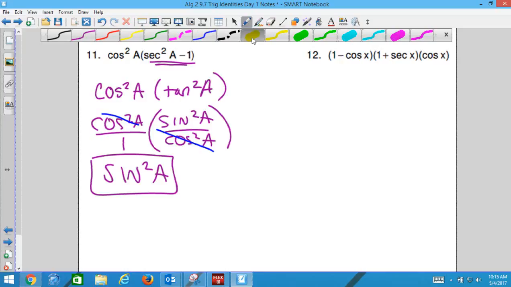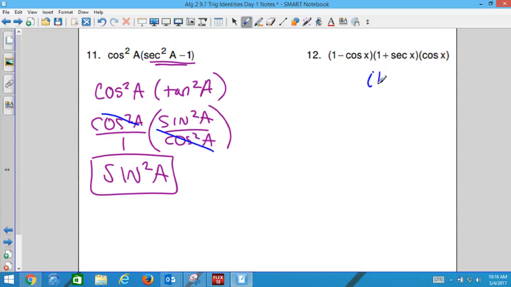Instead, since there are 3 things we're multiplying here, let's multiply 2 of them together and then multiply that answer by the third. What is secant? 1 over cosine. So why don't we multiply the 1 minus cosine x by cosine x to start?